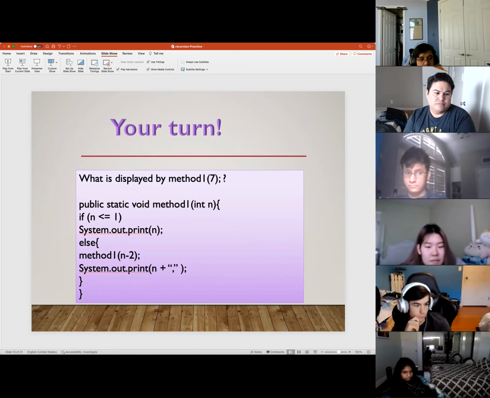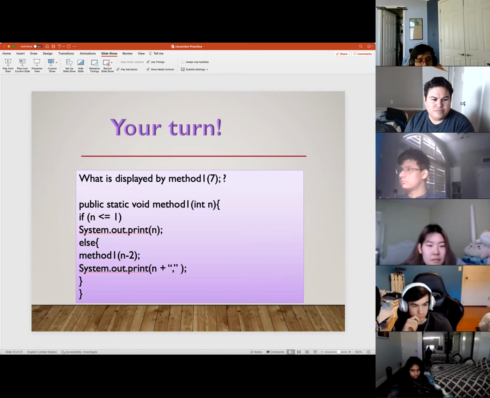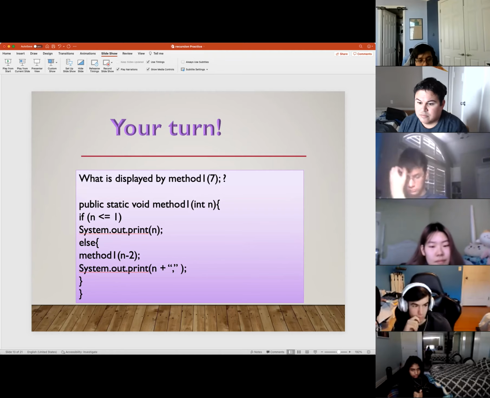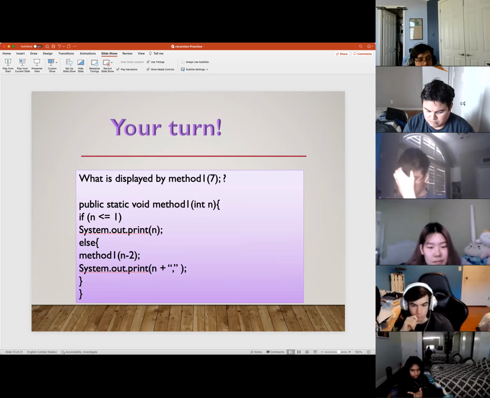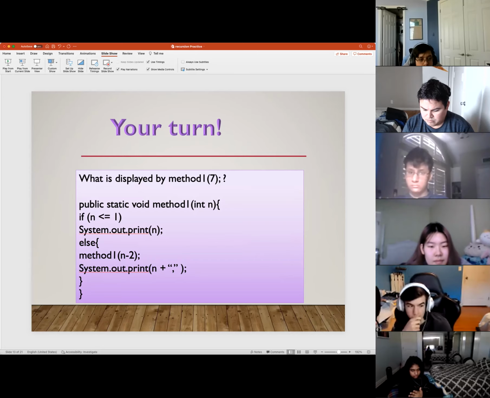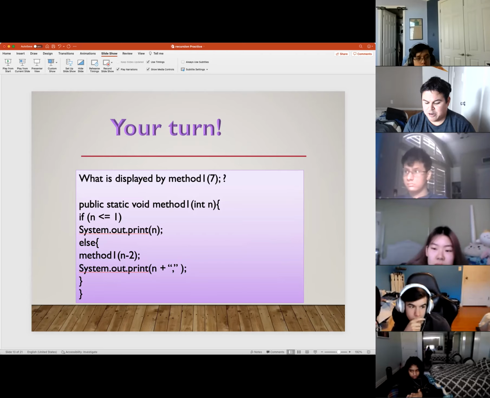Your turn. And I don't know about you guys who've had computer science before, but I would say I teach recursion pretty damn well.